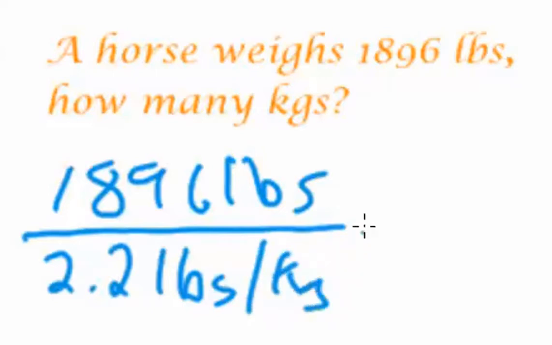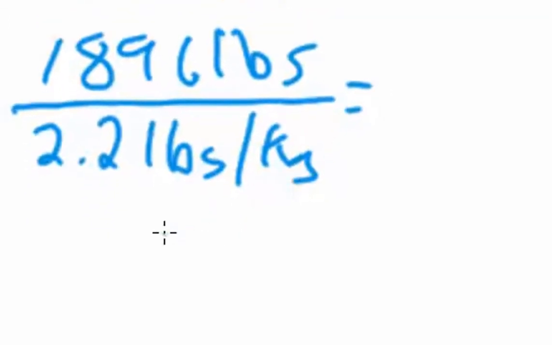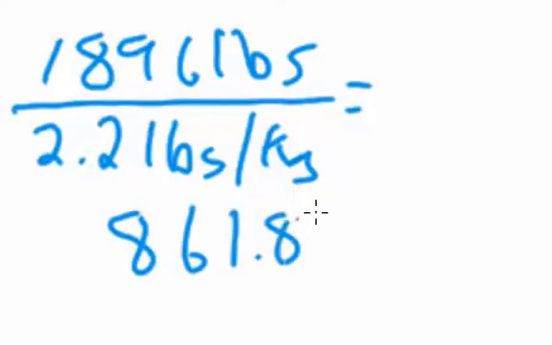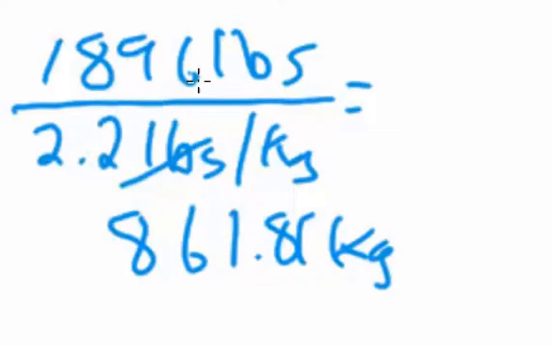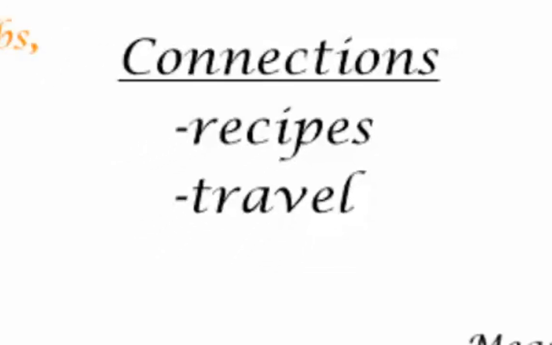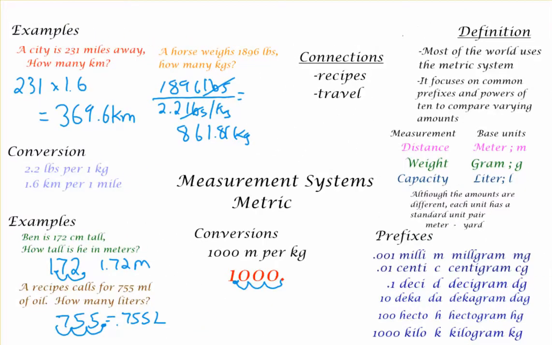So after we look at some of this division, 1,896 divided by 2.2 is going to give me 861.81 kilograms. Well, the pounds within this division problem canceled themselves out, so I'm only left with kilograms as part of my answer. Understanding the metric system will better help you understand recipes and travel, as it's important to convert between the two to understand our math world.